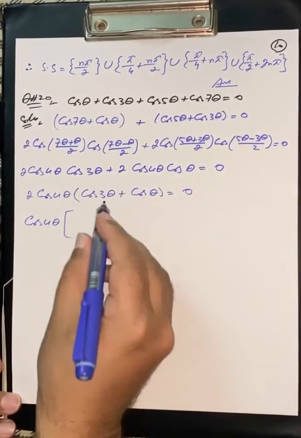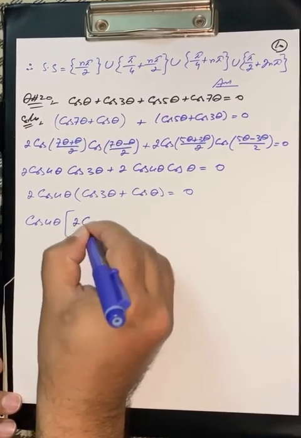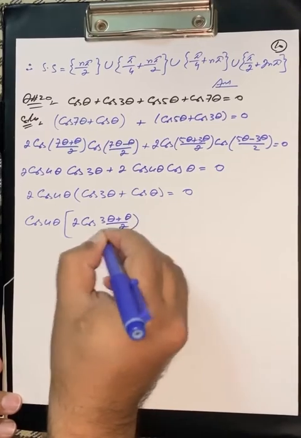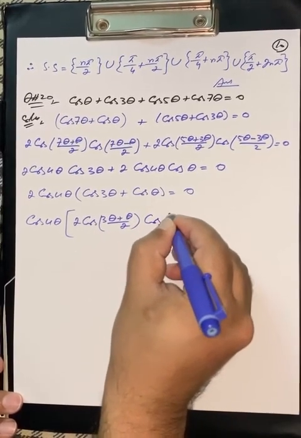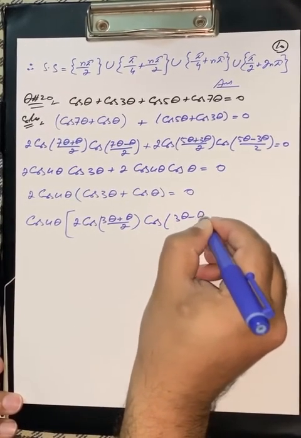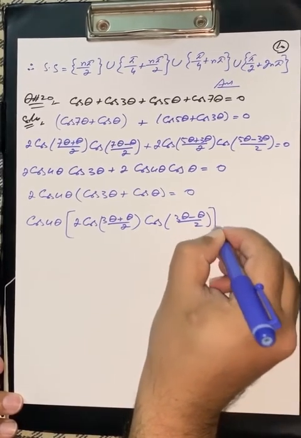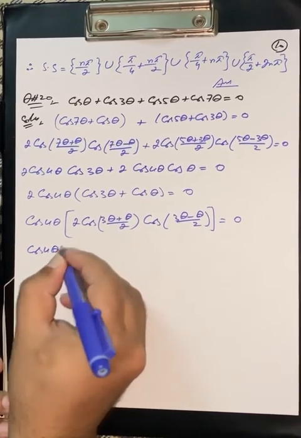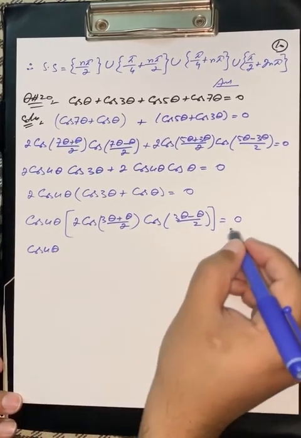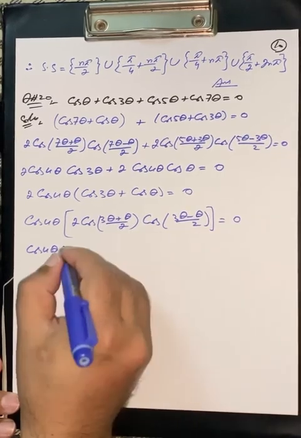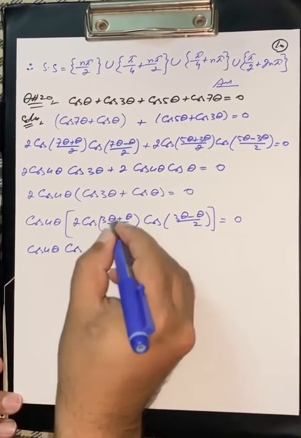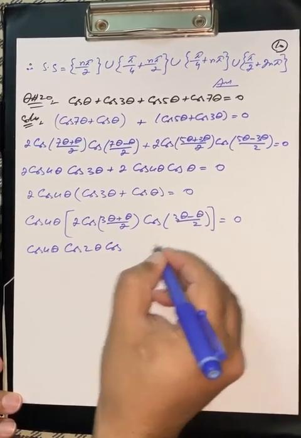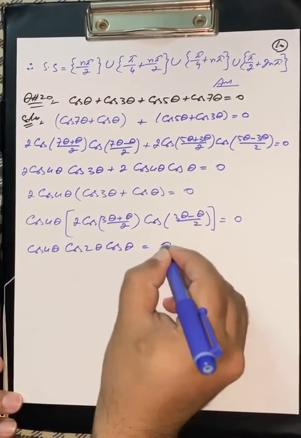One more time we apply the same formula, 2 cos alpha plus beta by 2 cos alpha minus beta by 2 equals 0. Cos 4 theta left, 2 when you bring to the right hand side divided by 0 equals 0. Cos 4 theta, cos 2 theta, cos theta equals 0.